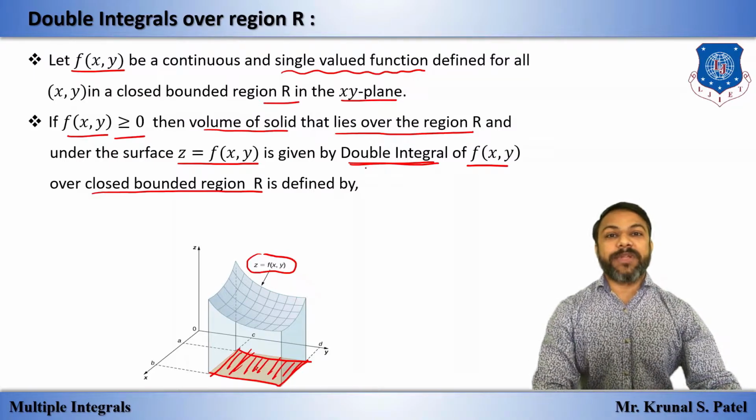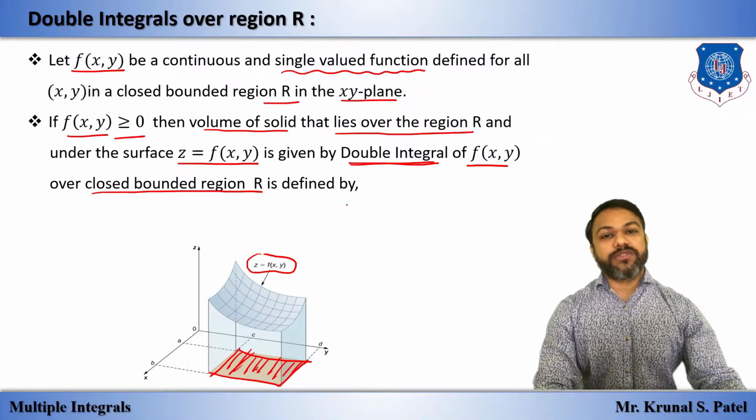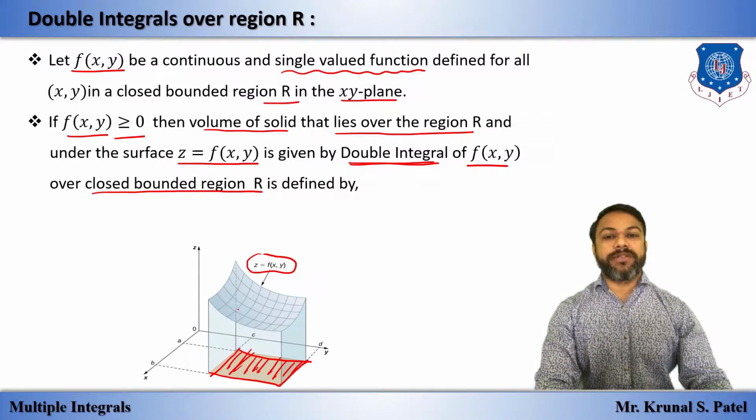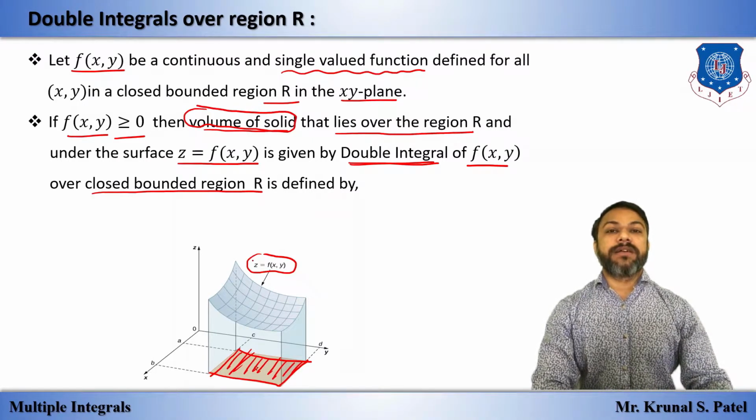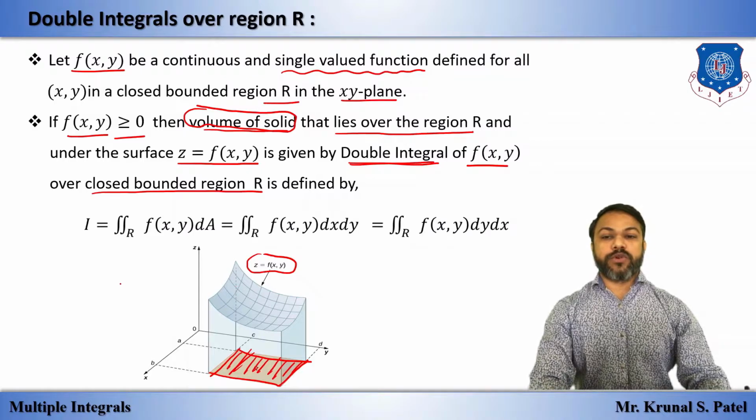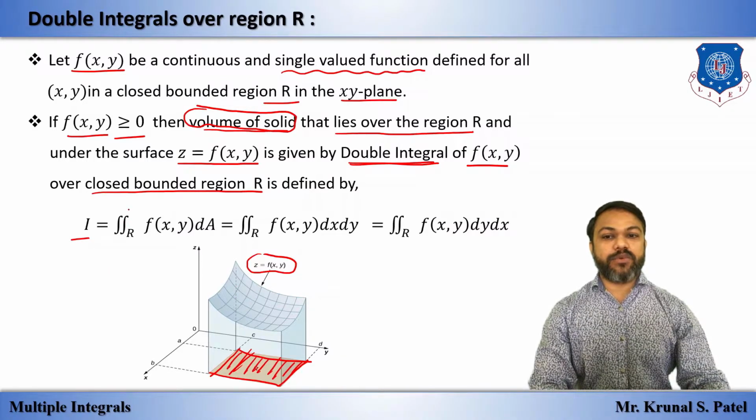So what is the application of this double integration? We have this kind of result that if we want to find the volume of a solid, then we can use this double integration.